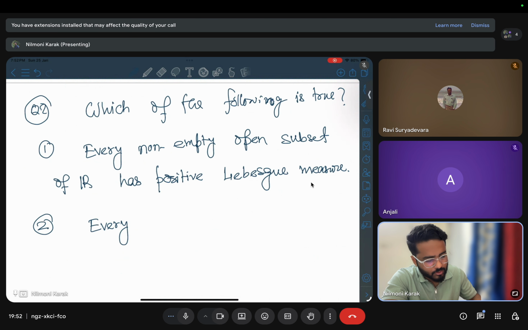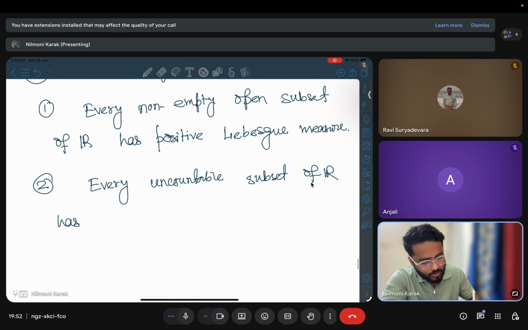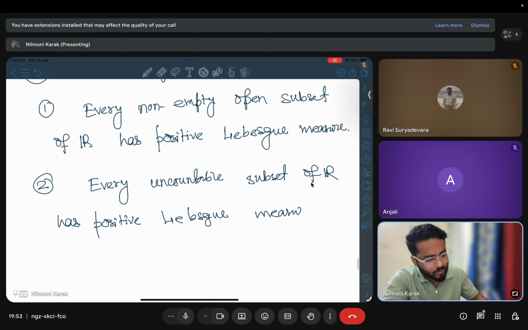Every uncountable subset of R has positive Lebesgue measure.